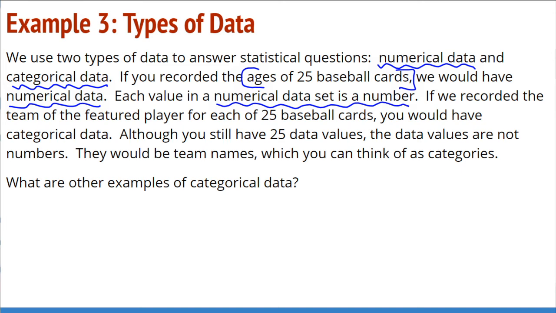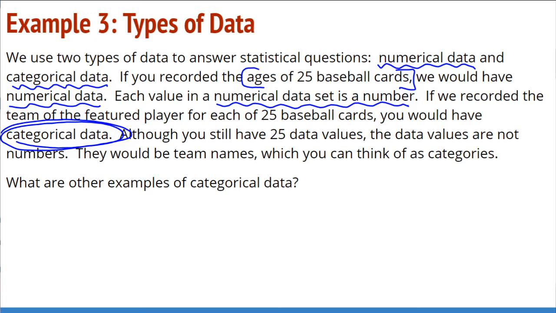Now, if we record the teams of the players, we've got the Red Sox, the White Sox, the Braves, the Dodgers, the Giants. Those aren't numbers. Those are categories. That would be categorical data, when we have names that we assign to it. When we collect favorite colors, that's categorical data. That's blue, and that's red, and that's green.